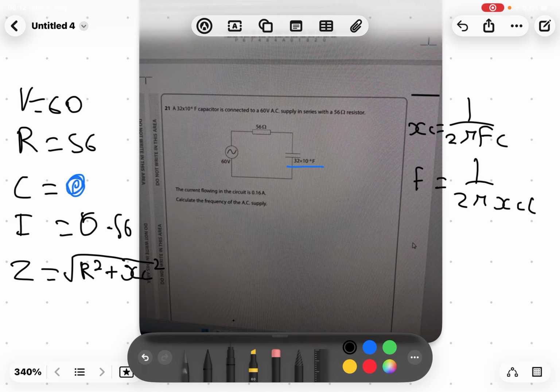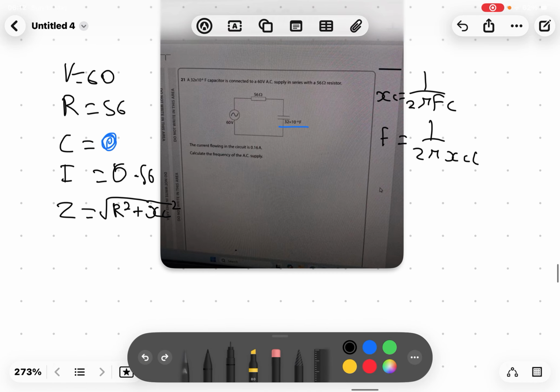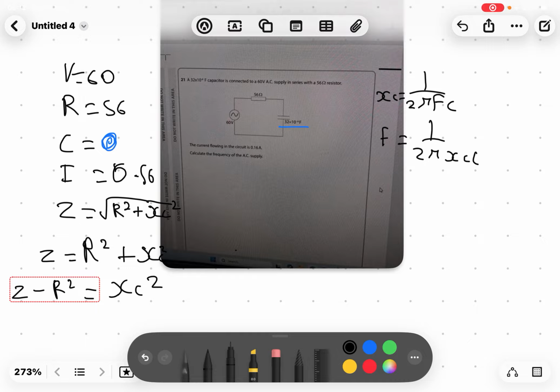Let's get rid of the square root straight away to make it less confusing. So we move this here, R squared equals. After that, we have to work out what is what.